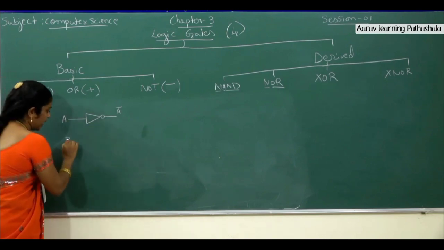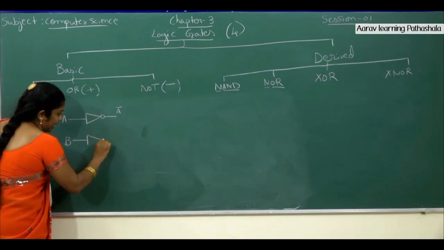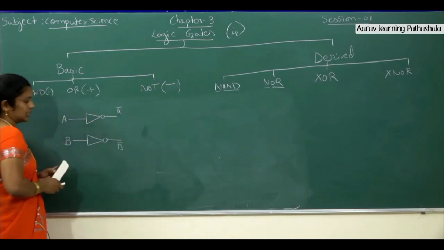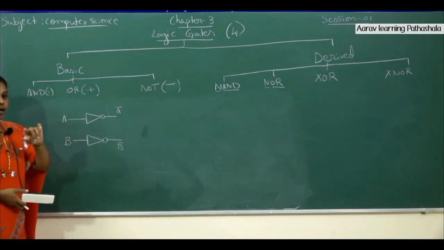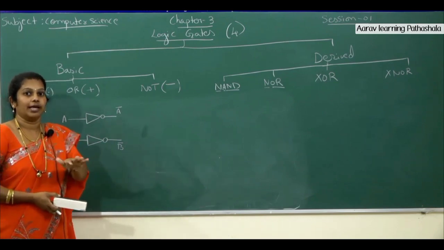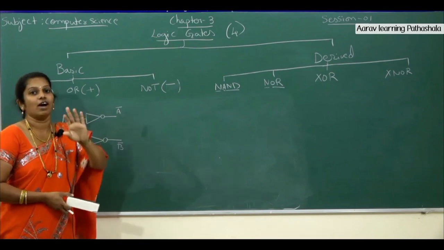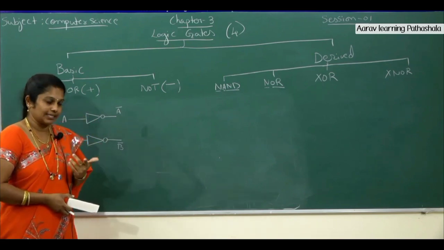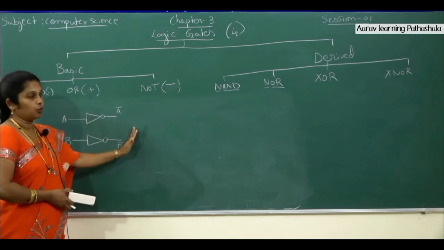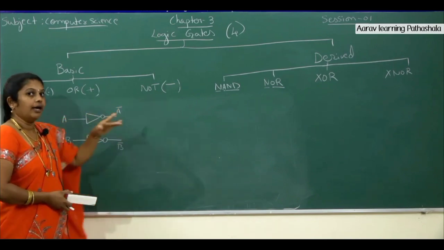For example, if you have B, once again draw a triangle shape, at the end a circle, and the output is B bar. This is the symbol. 3 years back they asked the question, in which gate do we use a maximum of only one input. Maximum only one input and only one output we get in NOT gate.